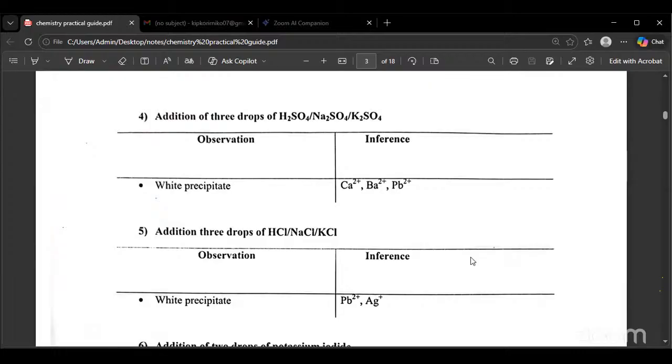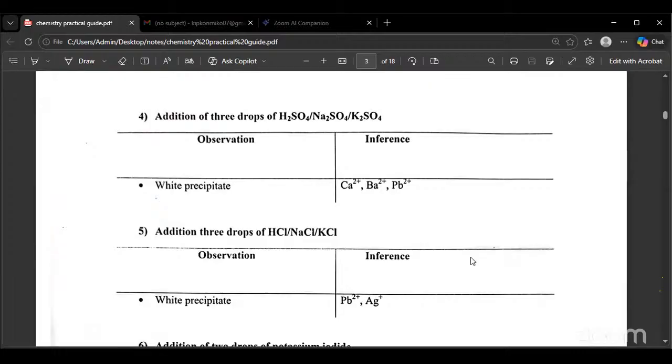Question number 2 after this says warm the solution. If you warm and it dissolves, you say it is lead ions because lead chloride is soluble in warm water, but silver chloride is insoluble whether it is warm or cold water. Lead chloride actually is soluble in warm or hot water, but insoluble in cold water.